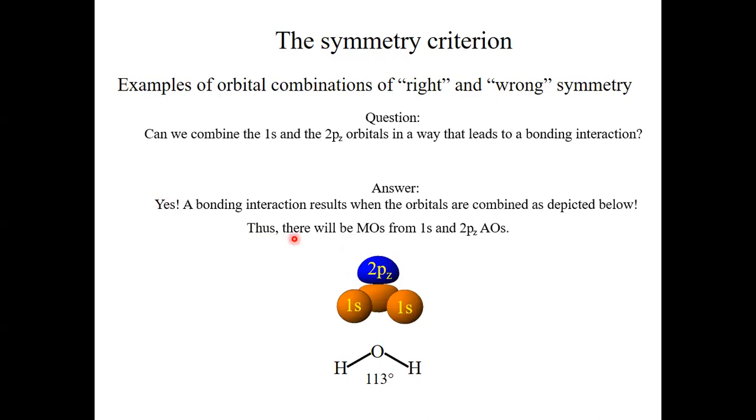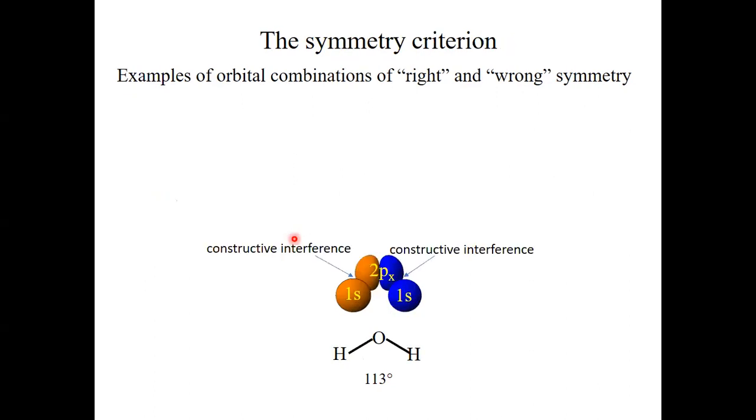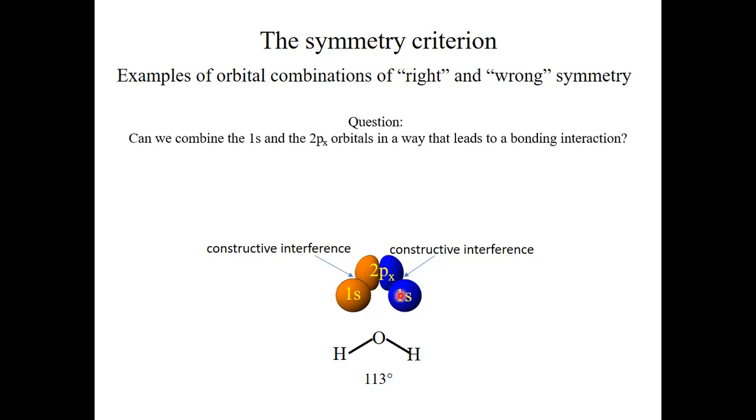So we can also ask the same question for other orbital combinations. So for example, can the 2px interact with the 1s orbitals? So now you see that this is also possible, but only if we choose the algebraic sign of the two 1s orbitals differently.